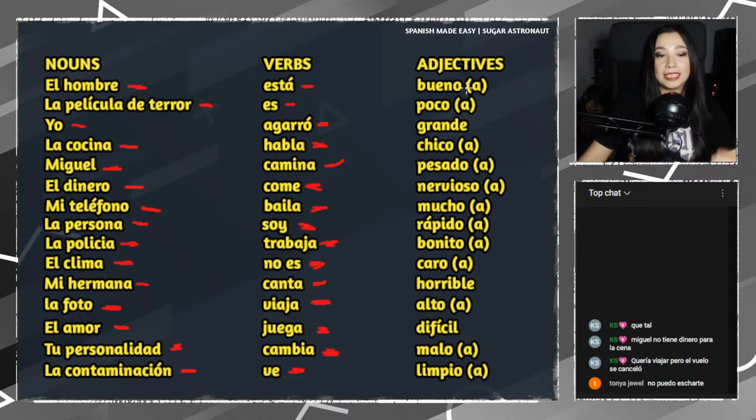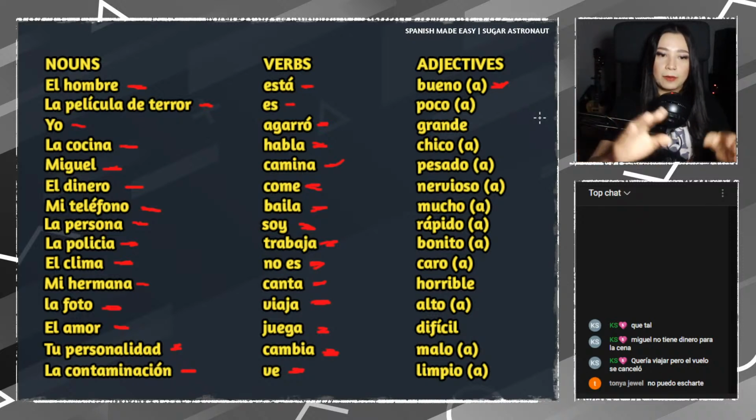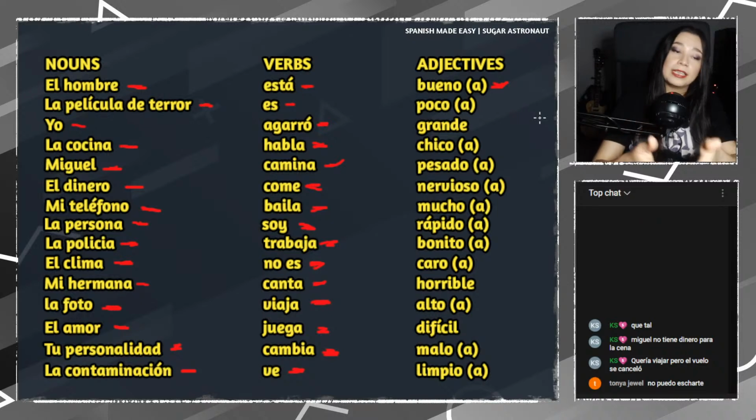Okay, so now the adjectives. Bueno can mean good. I have the letter A next to the adjective because adjectives need to match the grammatical gender of the noun. If we're talking about a feminine word, then you have to say buena.